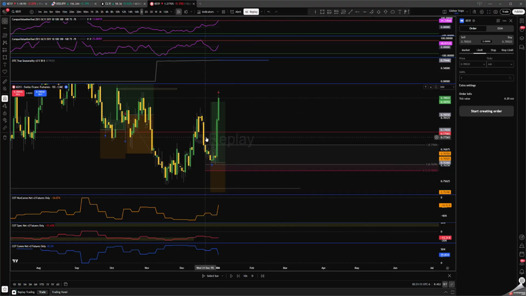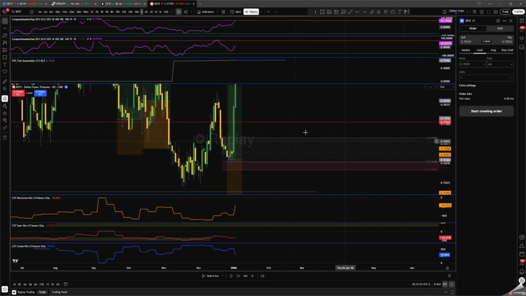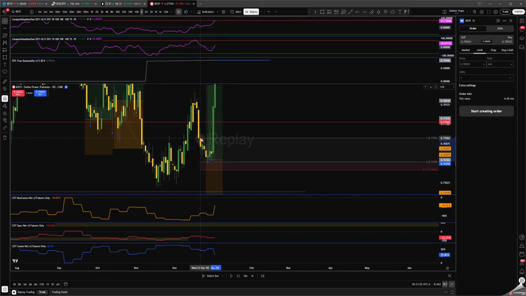Here, this is leg in, base, leg out, followed by another explosive leg out. That's a really high quality zone. And here is the preferred version. And it also covers this pivot, which is good.